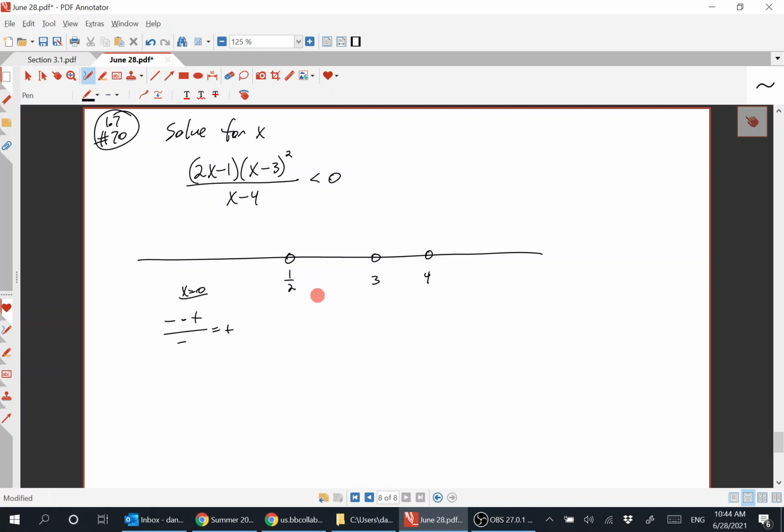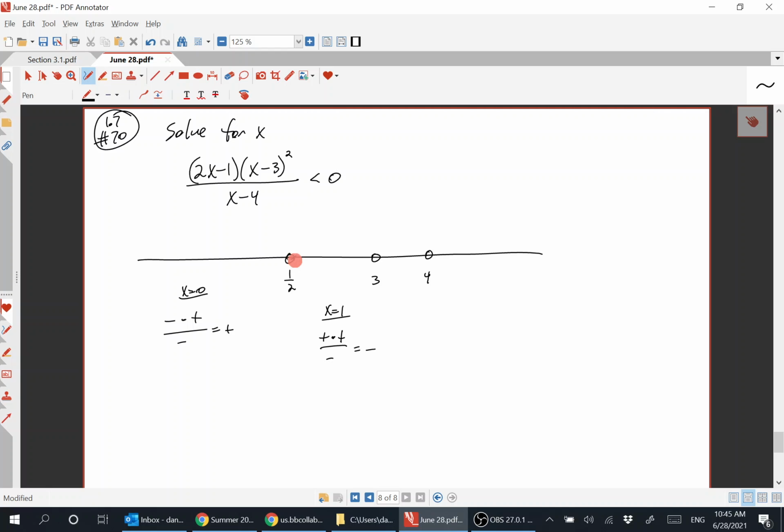And then a number inside here, x equal to 1. So 2 minus 1 is 1, which is positive. And then the squared bit is positive. And the x minus 4 is negative. So positive times positive over negative is negative.